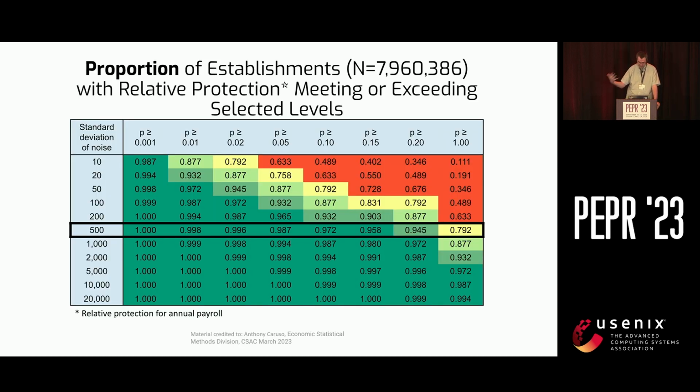This is a sanity check to make sure that we're on the right track. But when we look at, again, that example, standard deviation of 500, something like 99% of the establishments in our data set are receiving kind of strong privacy protection according to this measure.